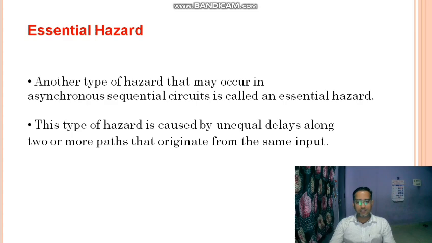We are not changing the input value, but the 2 or more paths have unequal delays. That is the most important term used in this hazard. This type of hazard is called an essential hazard. We will see the example in the next slide.